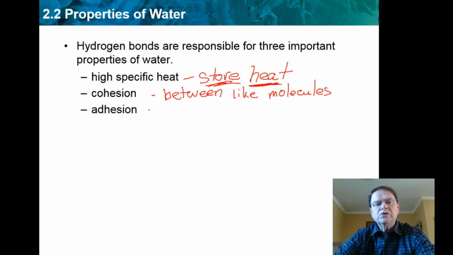It also produces adhesion, which is between unlike or dissimilar molecules. And I'll show you the effects of that in a moment. Okay, so cohesion is between like, and when I think of adhesion, I think of adhesive tape. You know, it sticks to just about anything, even things that are very different from each other.